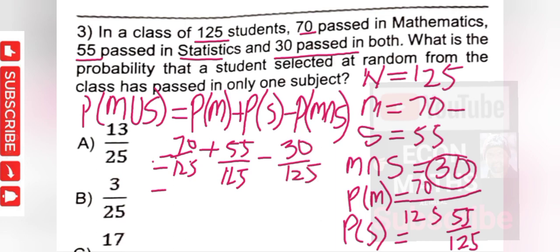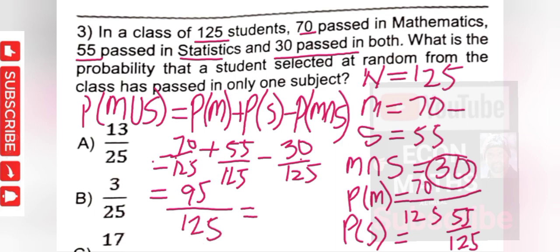Okay, so this is 70 minus 30 is 40. 40 plus 55 is 95. We have the denominator same, so we can write only one as common, that is 125.